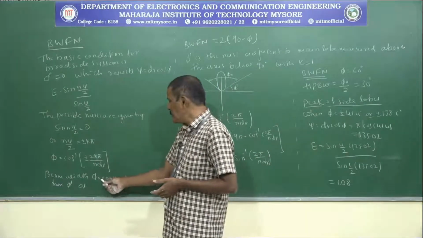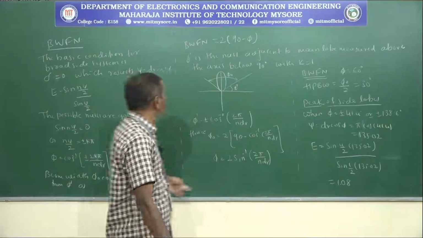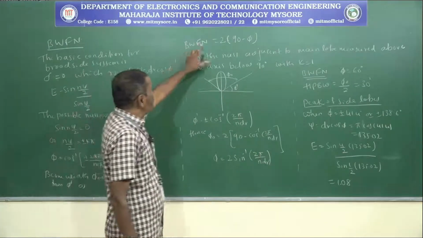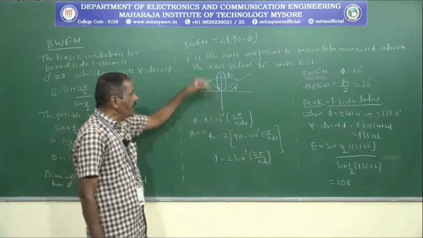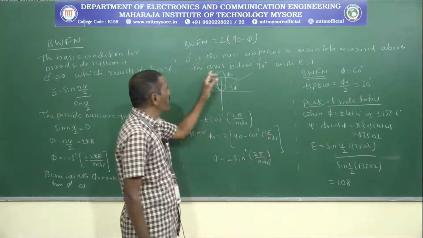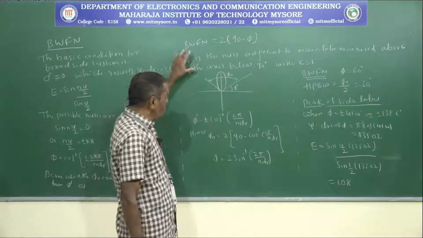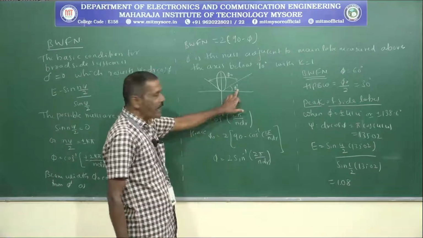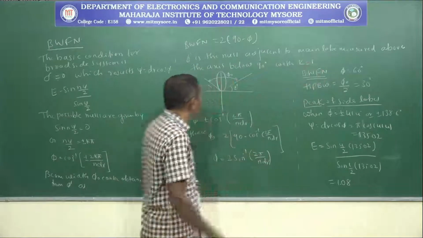Then the beamwidth phi 0 can be obtained from phi dash as BWFN equal to 2 into (90 minus phi dash), where phi dash is the null adjacent to the main lobe, measured above the axis and below the 90-degree axis. The meaning of this is that this is the angle phi dash we are having, the null adjacent to the main lobe.